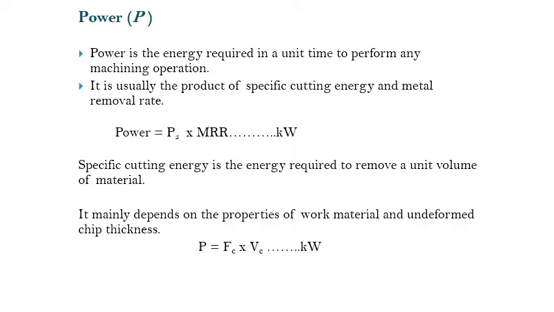So power P = Fc × Vc in kilowatts, where Fc is the cutting force and Vc is the cutting velocity. We will get the power in kilowatts.